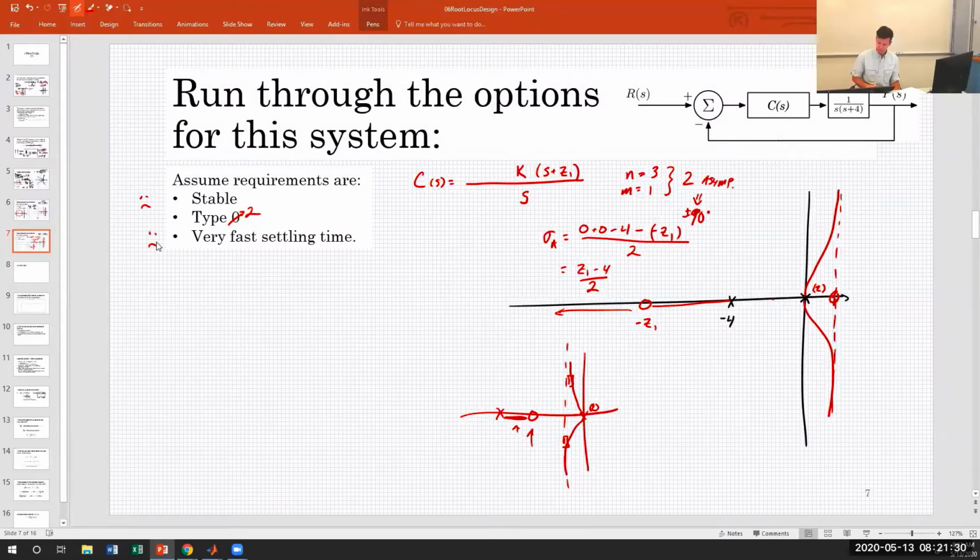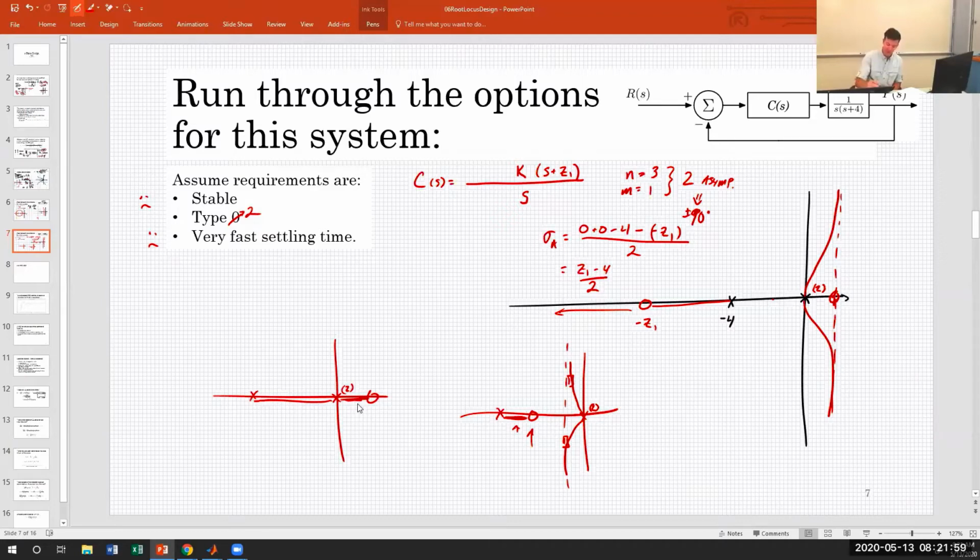So you might ask, why not put the zero over here? That seemed to be our third choice. But I hope you see that if we do that, we get root locus there, root locus there. We still get 90-degree asymptotes, and we'll get breakaways in there. But my attention is here because this means we have an unstable closed loop pole for all gains. So again, we lose out on stability.